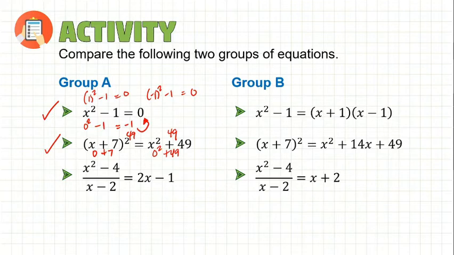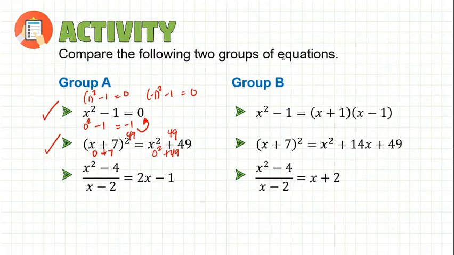Okay? And for the last one, observe that the expression on the left is defined only if the values of x are any real numbers except positive 2. Because when x is equal to positive 2, the denominator here will become 0. So 2 will be excluded in our domain. Okay? And observe also that this equation will only hold if the value of x is equal to 3.